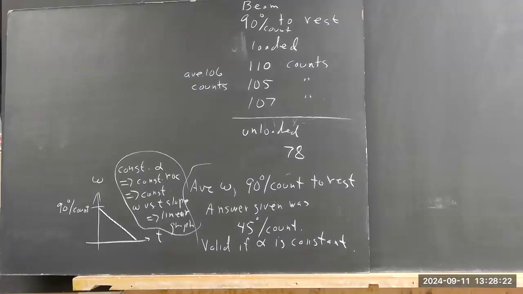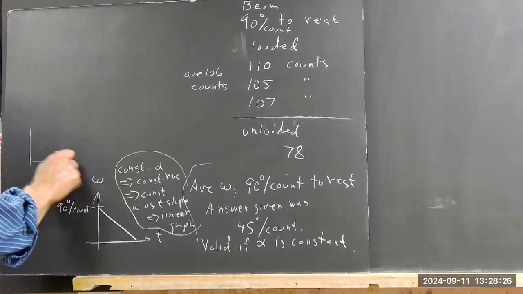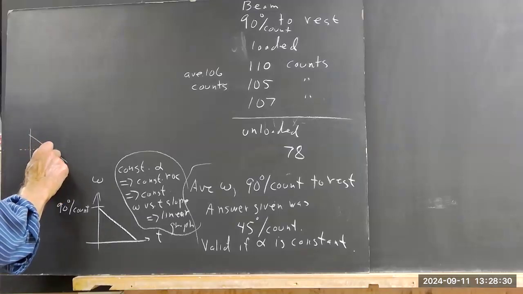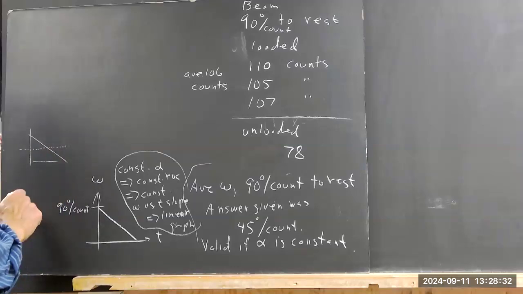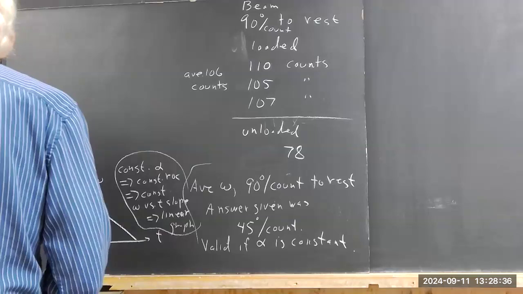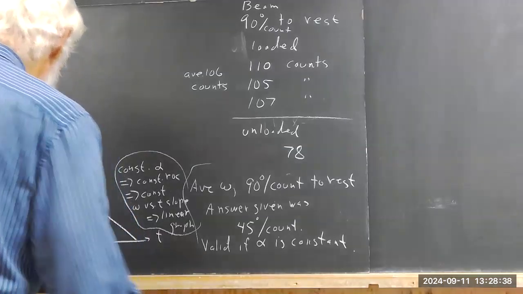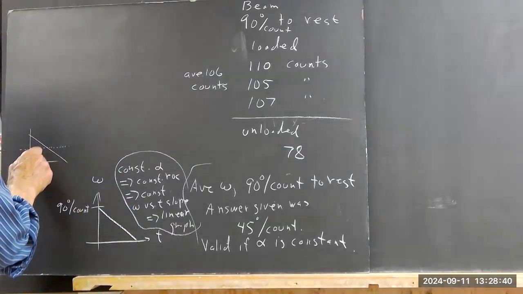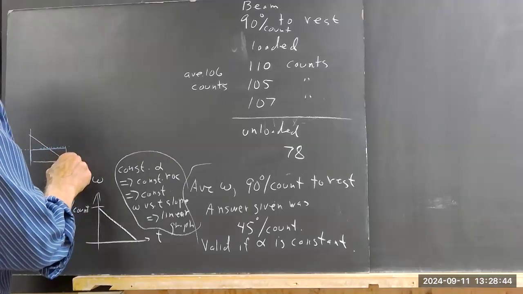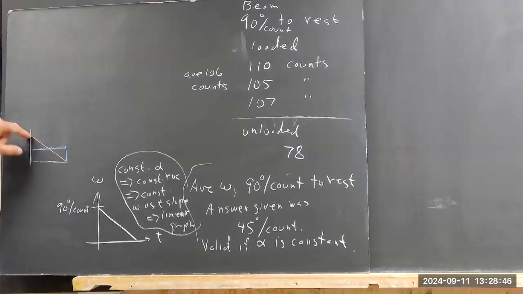The average value is the value such that the area of this rectangle equals the area under the whole graph.